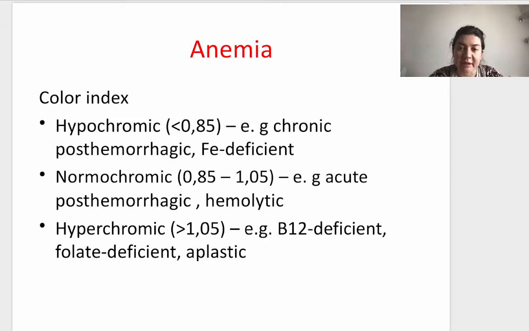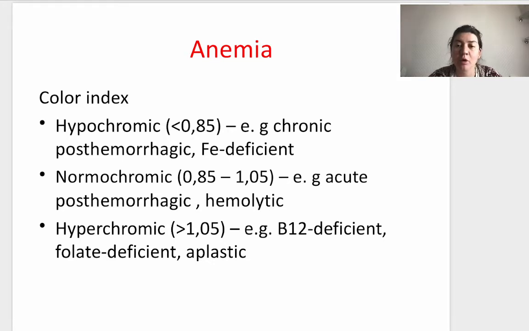Color index is one of the characteristics of CBC, complete blood count. According to color index, the result can be hypochromic when color index is less than 0.85, like in chronic post-hemorrhagic anemia or iron deficiency anemia.